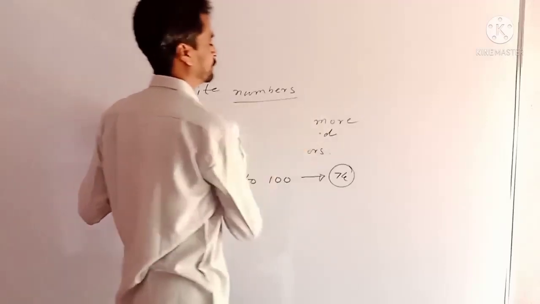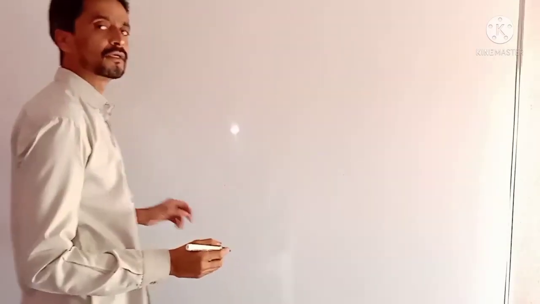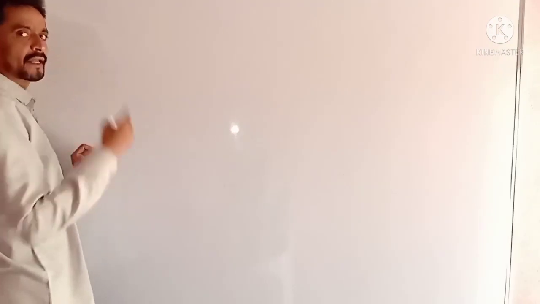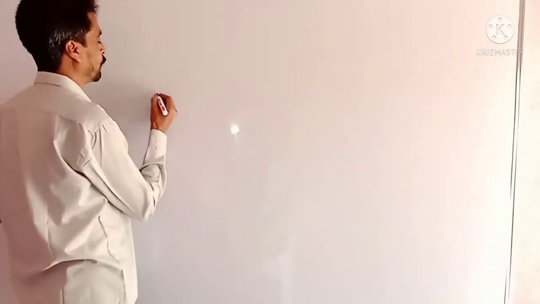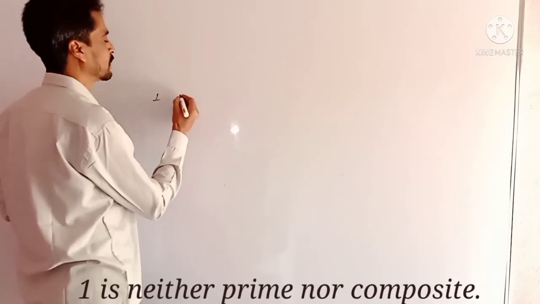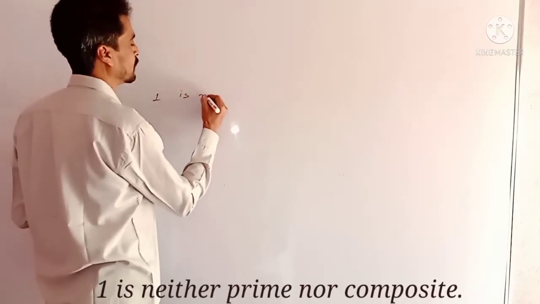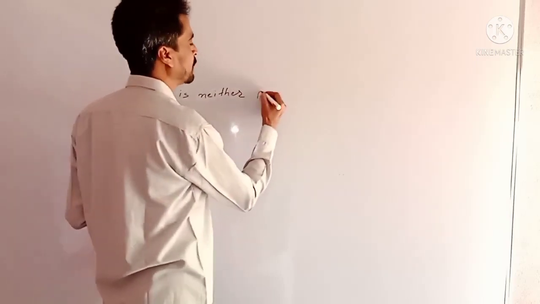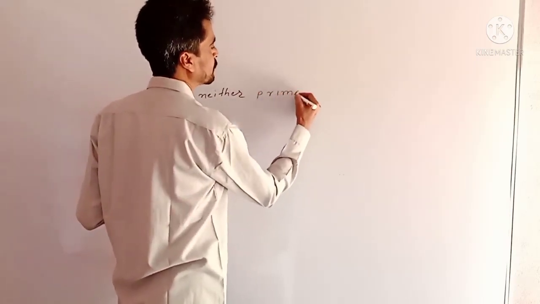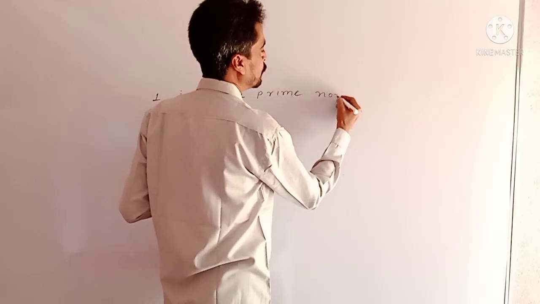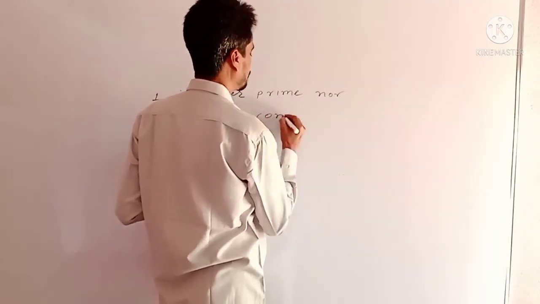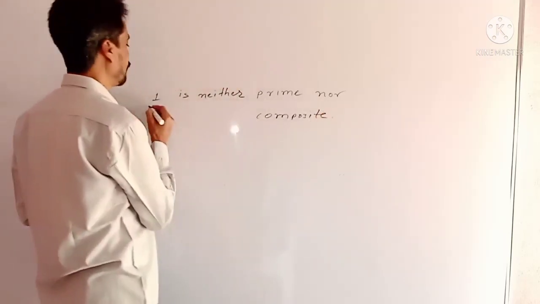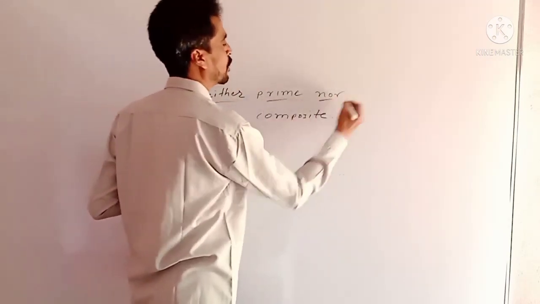Then another basic point about numbers and the number system. One remains. One is neither prime nor composite.